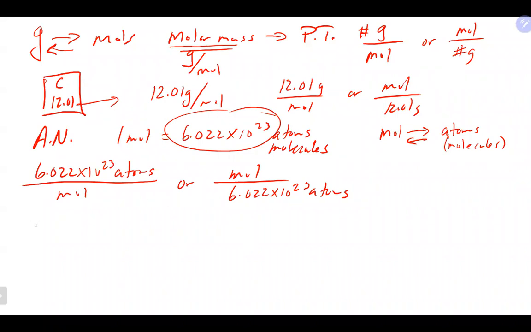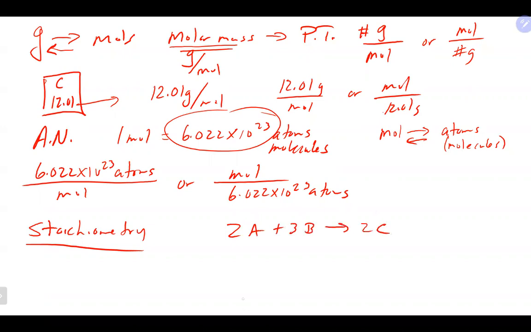We also talked about putting that together with balancing equations and stoichiometry. And from a balanced equation, we can take the coefficients, and these are what are referred to as the mole to mole relationship. And it really is nothing more than just the actual number that's there from the balanced equation.